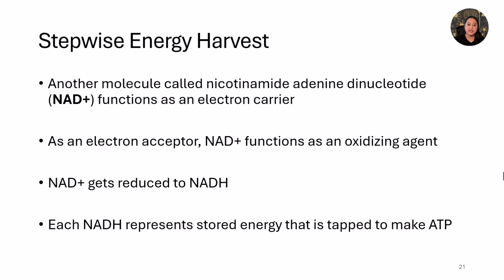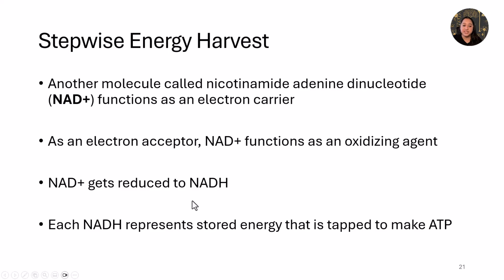When it gets electrons, it gets reduced to NADH, because electrons come with a hydrogen atom. Well, they come with a proton, so we kind of just say NADH. So NAD+ gets reduced because now it's less positively charged and it's neutral.